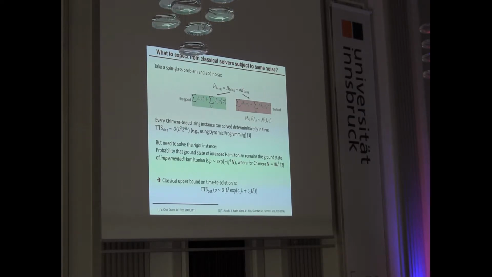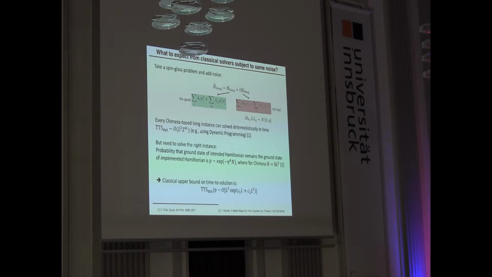And I believe it was Vicky Choi who first showed an explicit scaling result for this using dynamic programming. And the result is that with dynamic programming, you would need a time scaling like 2 to the 4L, where L, again, is the number of unit cells along one axis, to exactly solve any given H tilde on Chimera.